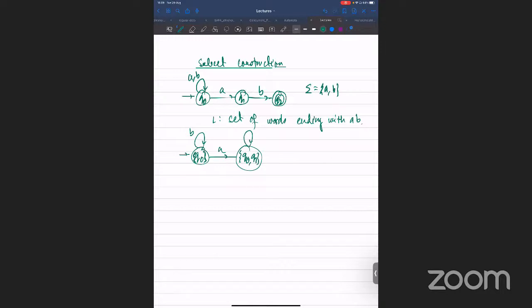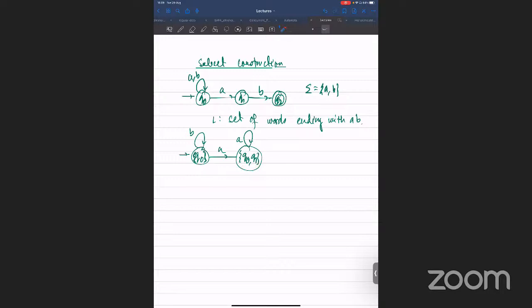If I do an A here, I would stay here, because from Q0 on A, I go to both Q0 and Q1, and the A transition is not defined on Q1. So I stay at the same place, because from Q0 I can go to both Q0 and Q1, and nothing is defined for Q1, correct?